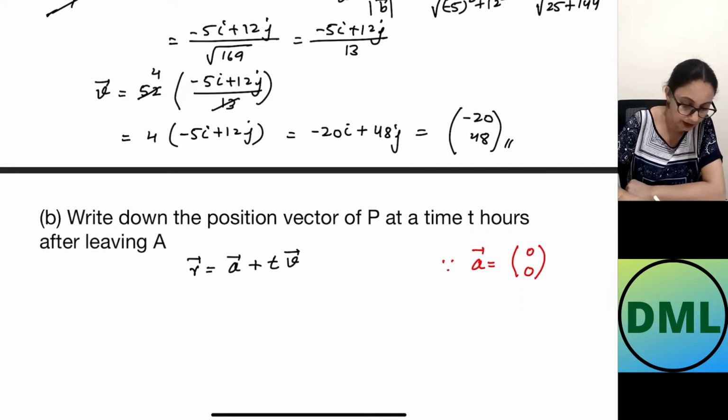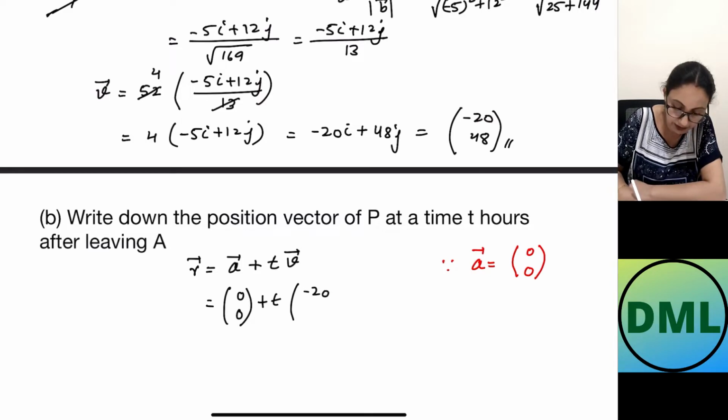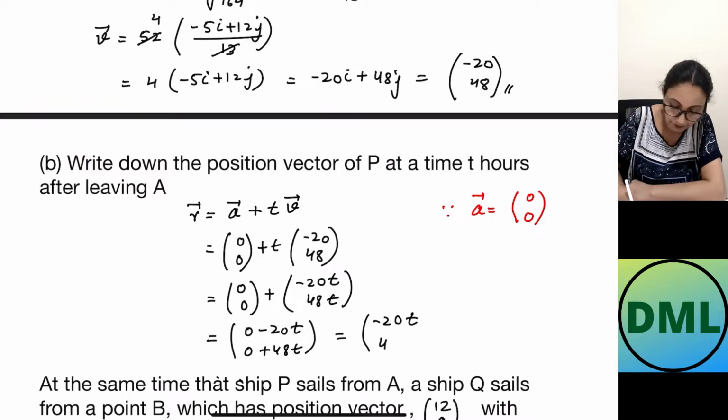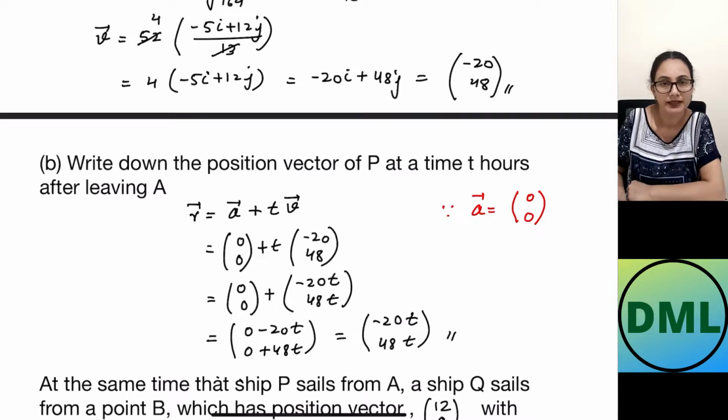Substituting, that is (0, 0) plus t times (-20, 48), which will be equal to (0 - 20t, 0 + 48t), which is (-20t, 48t). That will be your answer for the position vector of P after t hours.